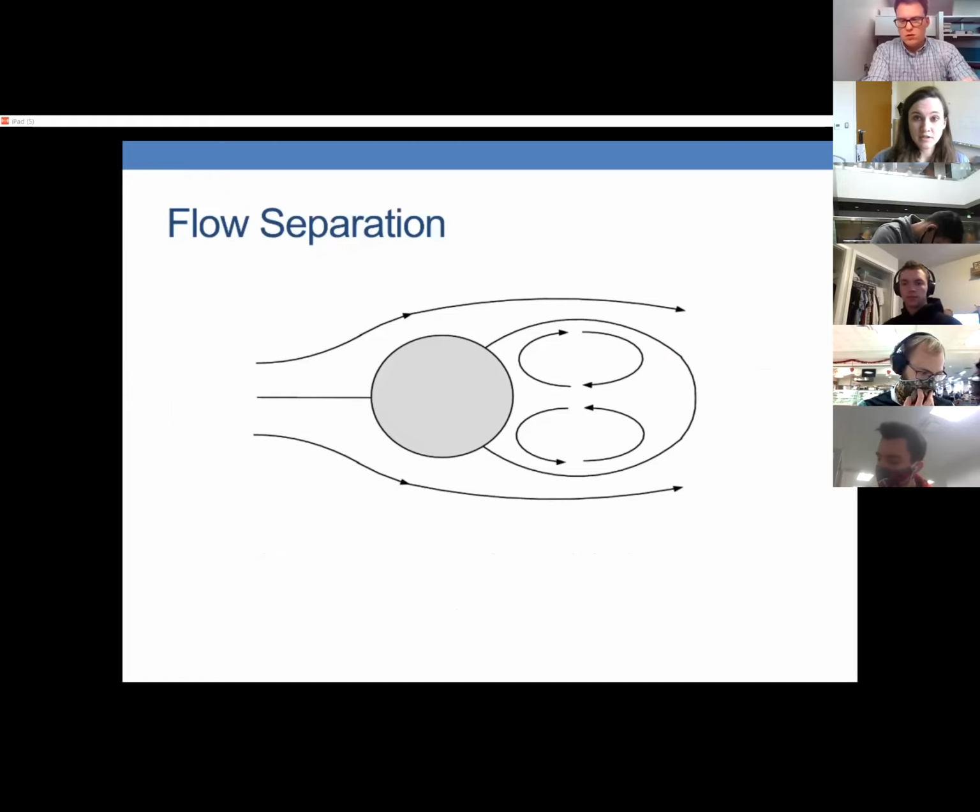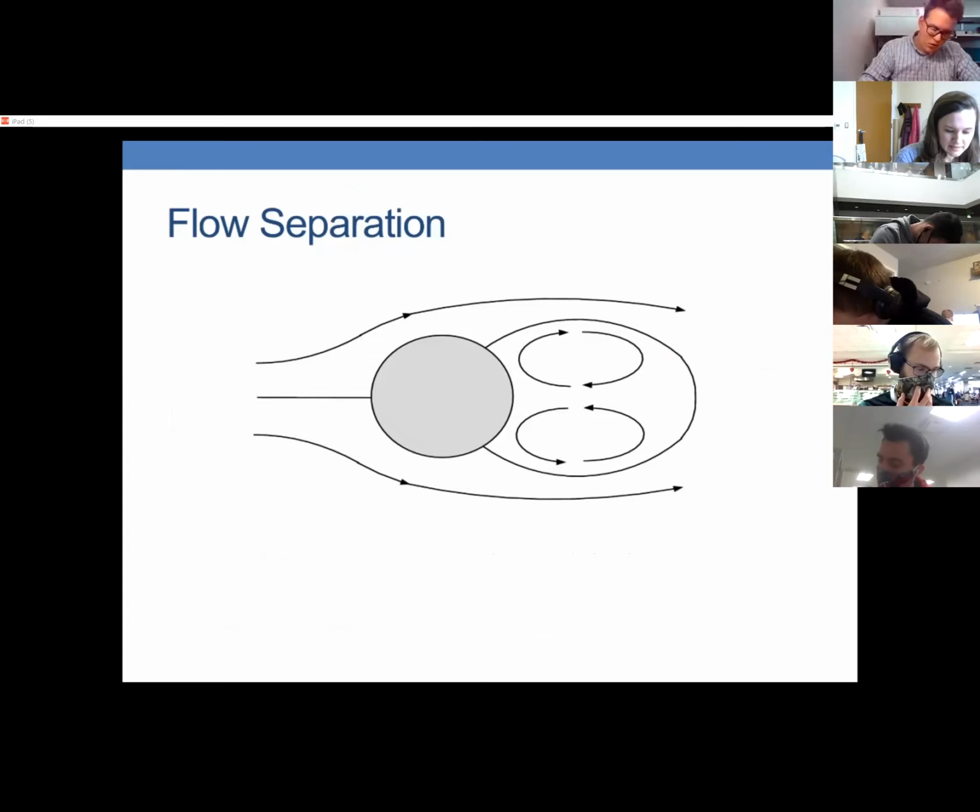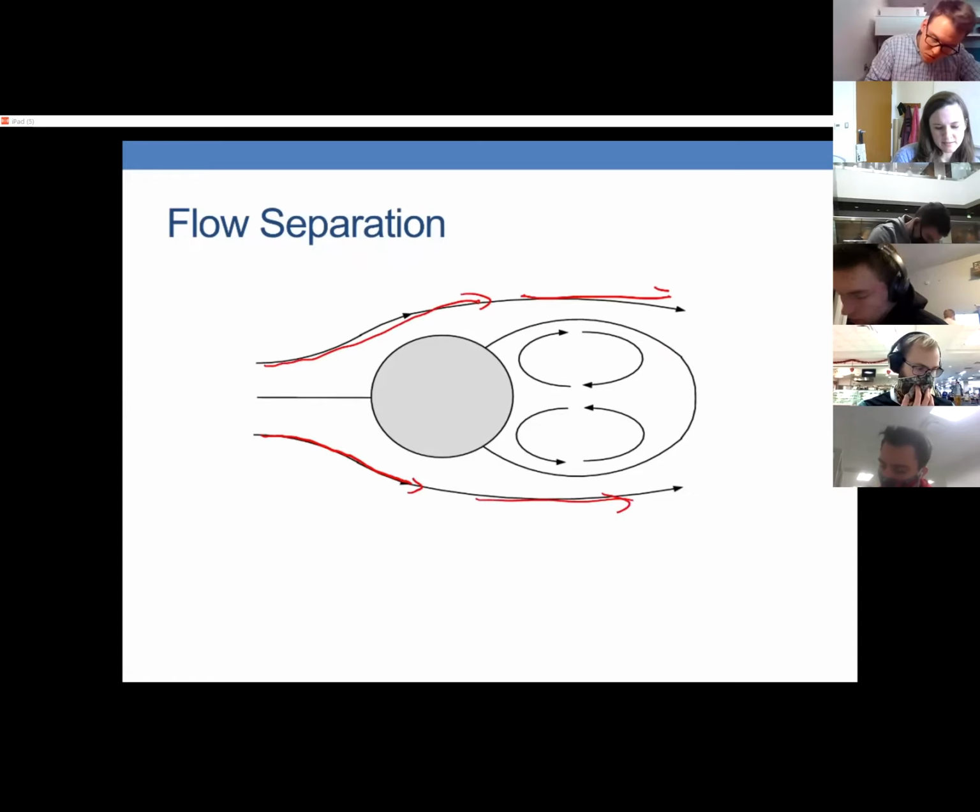This comes down to what's called flow separation. So you have this flow coming towards this body. We would call this a bluff body, and the flow goes around here and it separates. That's what causes this turbulent wake in here, because the flow on either side is separated from itself.